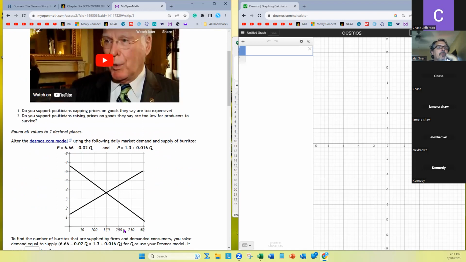It's between 200 and 250, right? So maybe 230. And with the price being 5, the quantity demanded looks like about 70 or 80, right? So demand is pretty weak. We would say demand is weak.